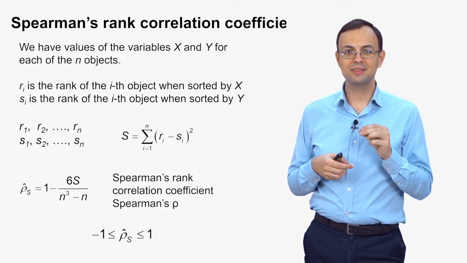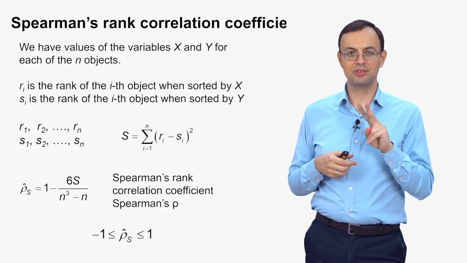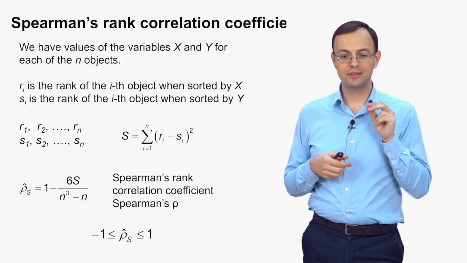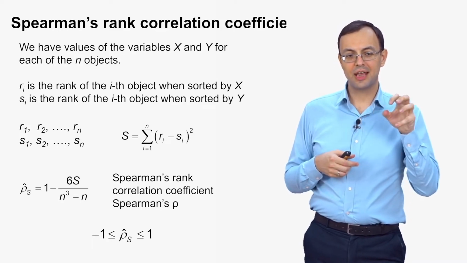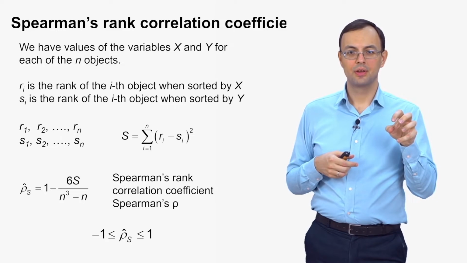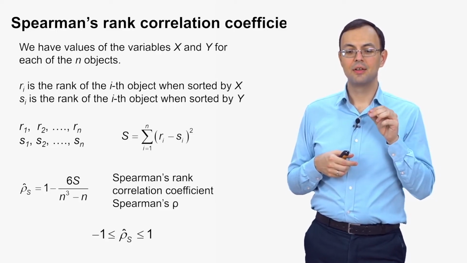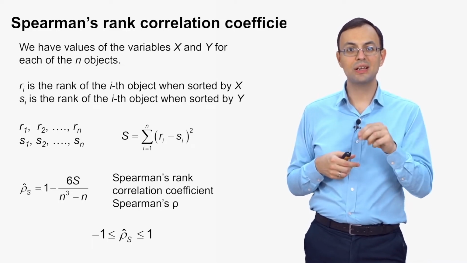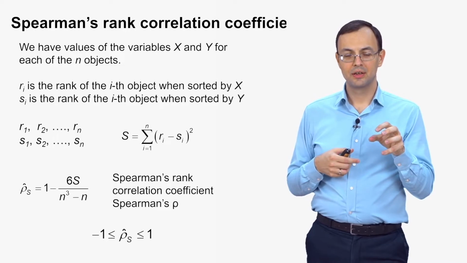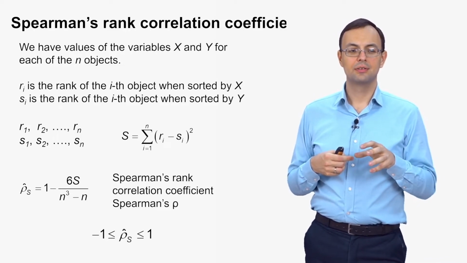This means that if for a pair of objects the first object is greater than the second one when sorted by x, then the first will be greater than the second when sorted by y also, automatically.